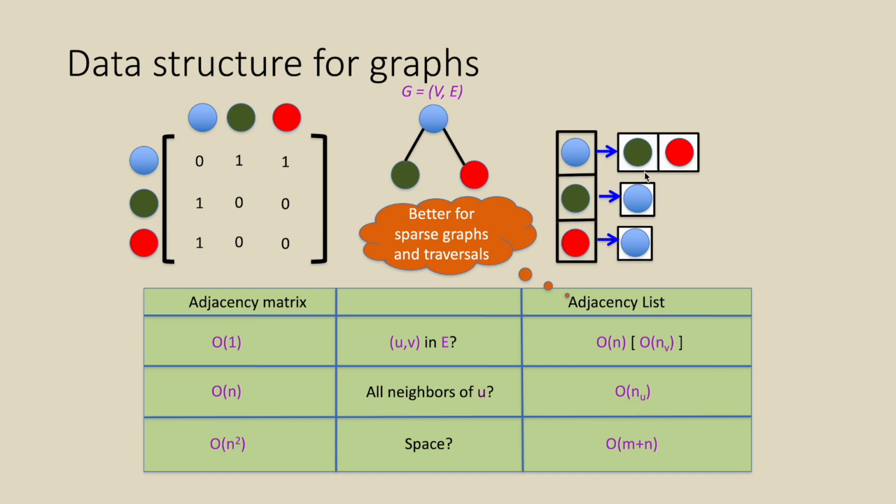And we can see that in adjacency lists, each edge appears in exactly 2 of the lists: blue-red, red-blue, blue-green, green-blue. And 2m is equal to big O of m. In the adjacency matrix, we always use an n times n matrix to store the data, so it's big O of n squared.